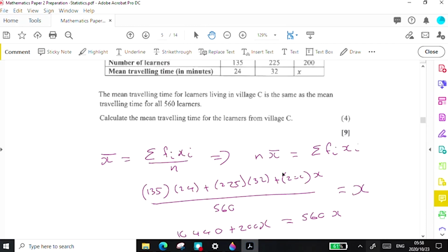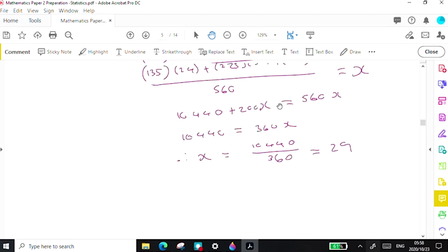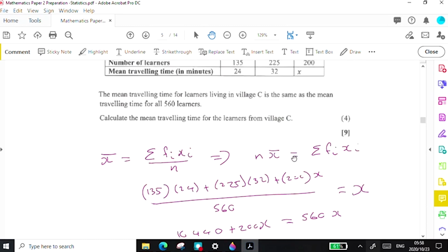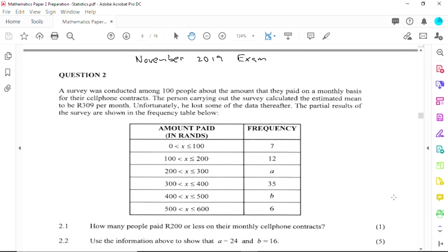So the mean travel time for learners in C is equal to 29. This example is taken from the November 2019 exam paper.